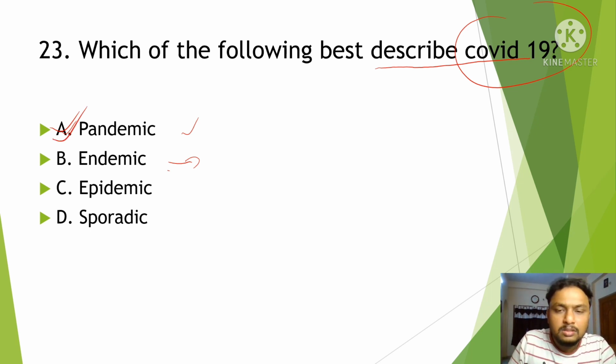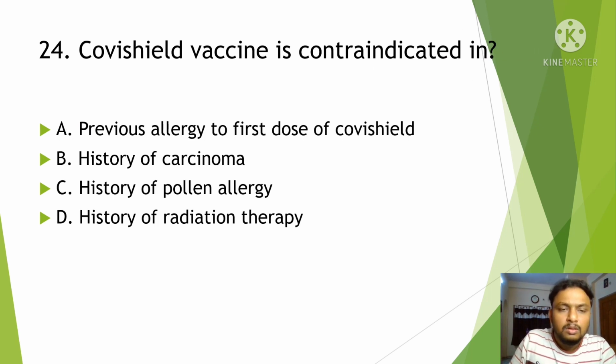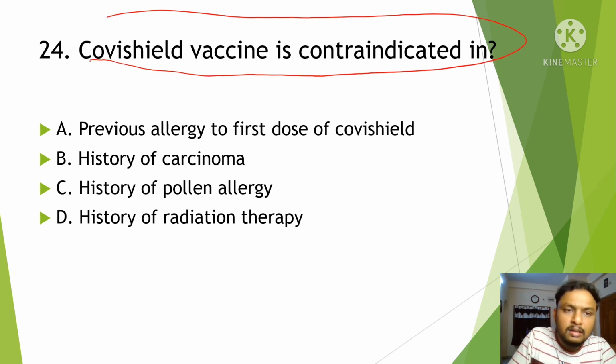And next, Covishield vaccine is contraindicated in. Options are previous allergy to first dose of Covishield, history of carcinoma, history of pollen allergy, history of radiation therapy. So eliminate. History of carcinoma is not a contraindication. History of pollen allergy also not.